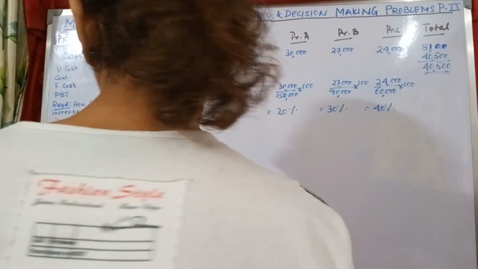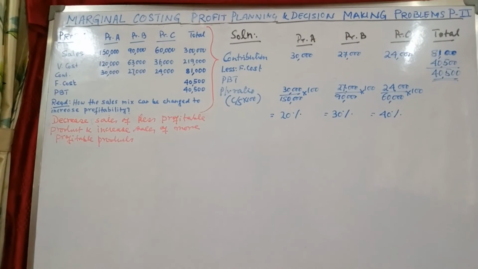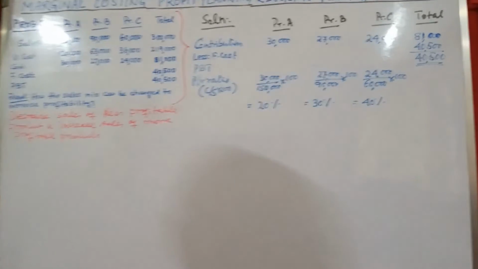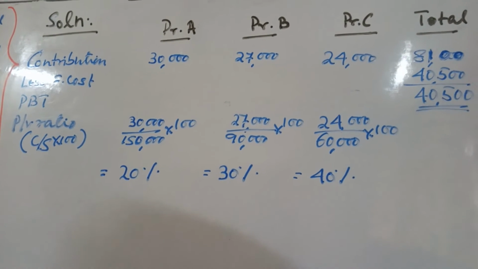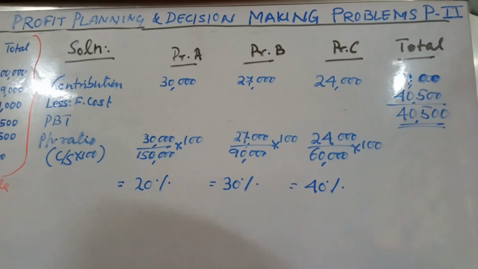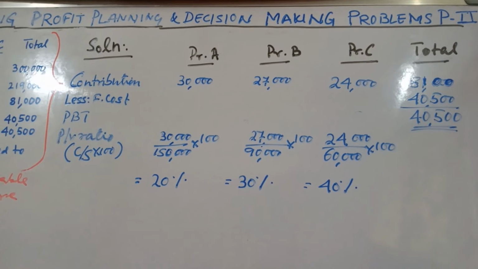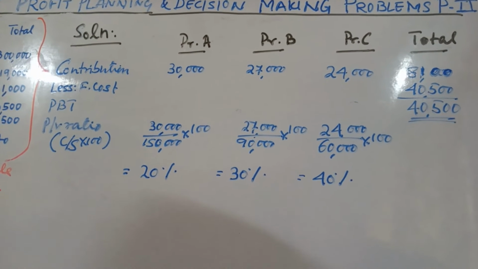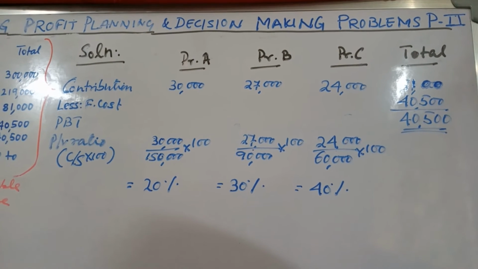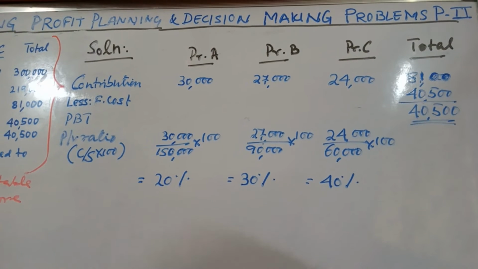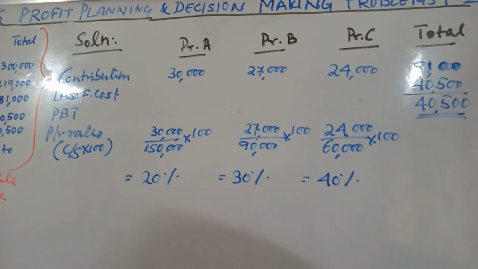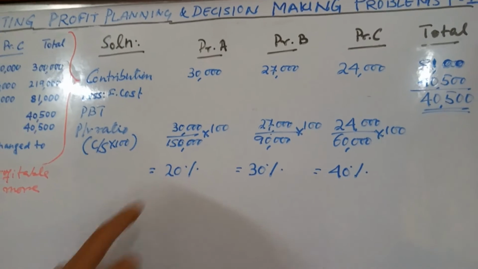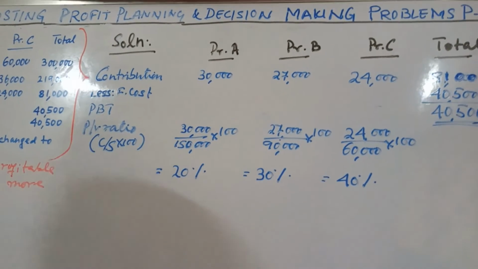Still, let me check with the calculator whether I am right or wrong. Yeah, 20%, 30% and 40%, correct.